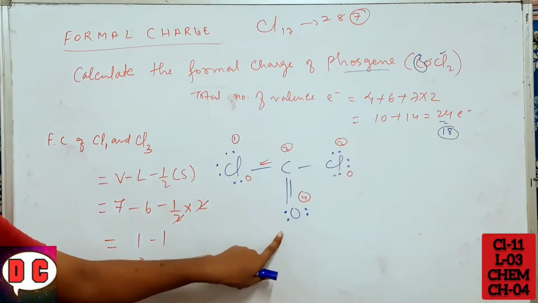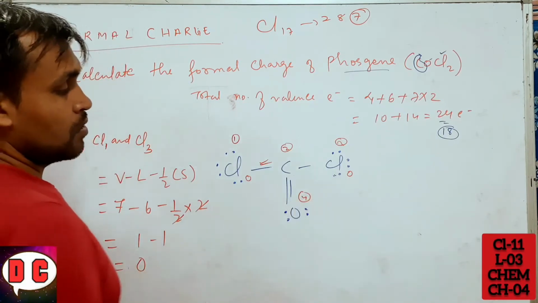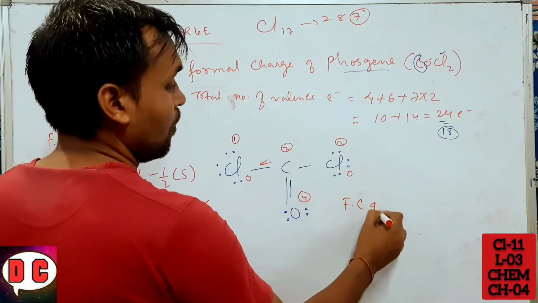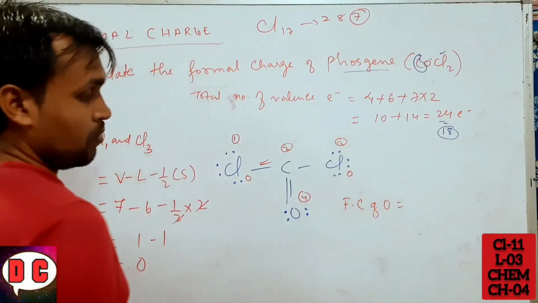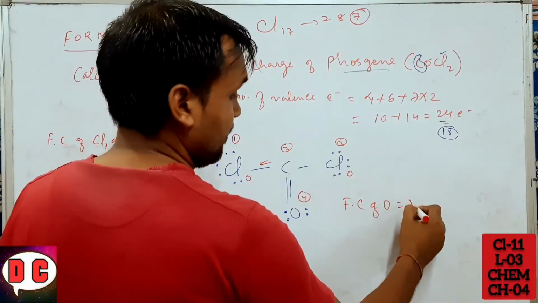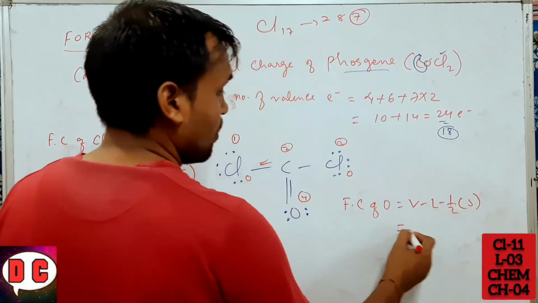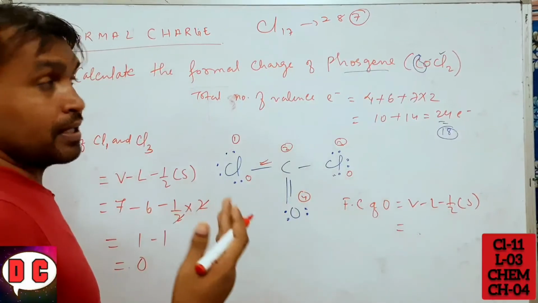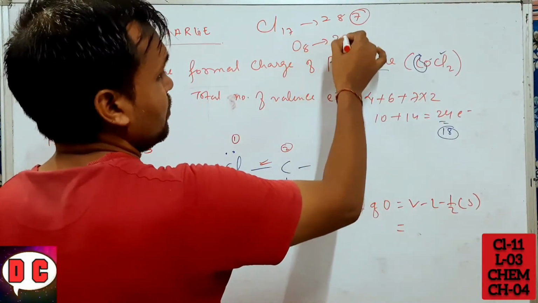Now we are going to calculate the formal charge for oxygen. Same formula, V minus L minus half into S. What is the number of valence electrons for oxygen? Oxygen's atomic number is 8, so the configuration is 2, 6.